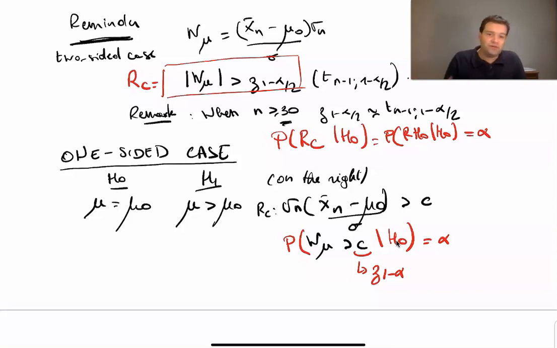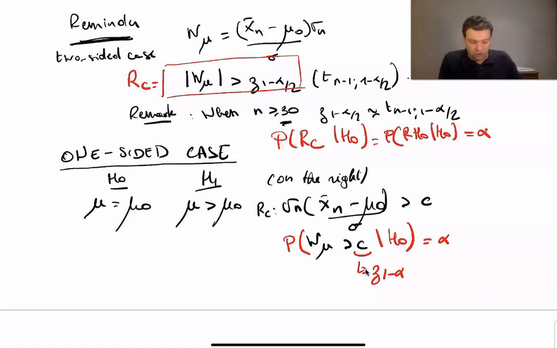In case sigma is unknown, but xi is distributed according to a normal distribution, here we have to put the quantile of the student distribution. And if xi is not normally distributed, and sigma is known or unknown, in any case we can use the central limit theorem, and in this case we have an asymptotic critical region, and c is also replaced by z 1 minus alpha.